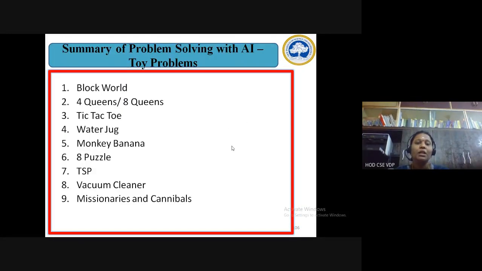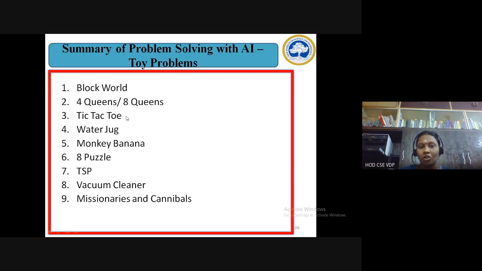So in summary, you have seen different types of toy problems. Probably the ordering is different here. Block world problem: using STRIPS programming, you have to just calculate the heuristics. Then for 4 queens, using the backtracking method, you have to place the 4 queens such that there's no clash.